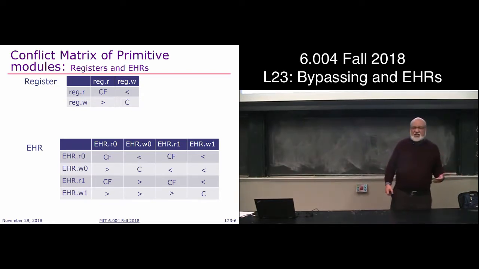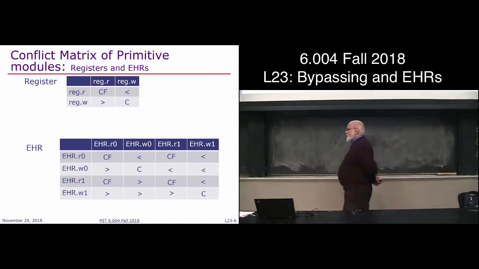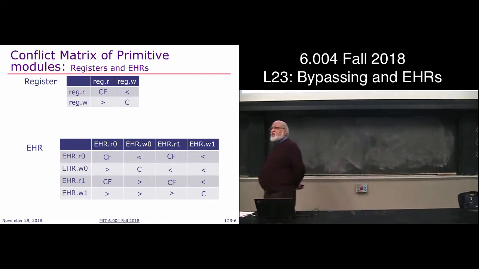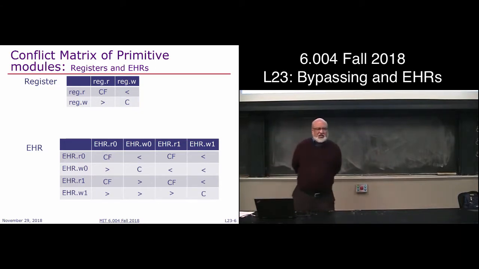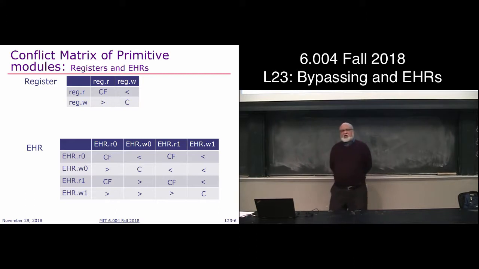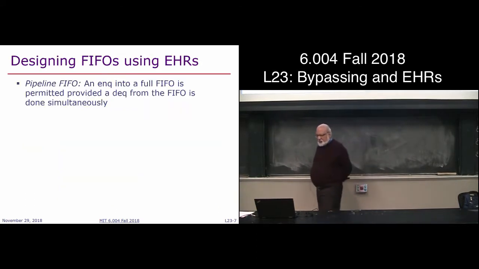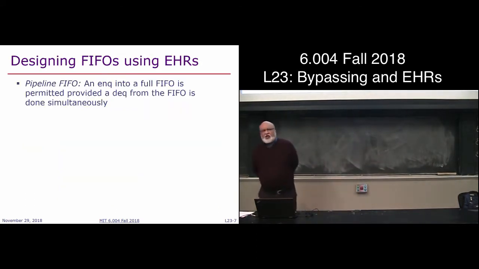So when you design this circuit, this is the kind of conflict matrix that will be generated, but I do not recommend you design this circuit because this cannot be designed by you. It requires some very low-level hacking inside Bluespec. So from our point of view, we're just going to use EHR as a primitive, just as we have used registers. And now what I'm going to do is actually do some practice.